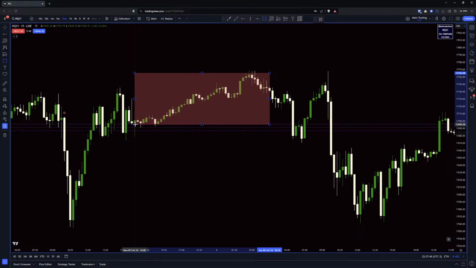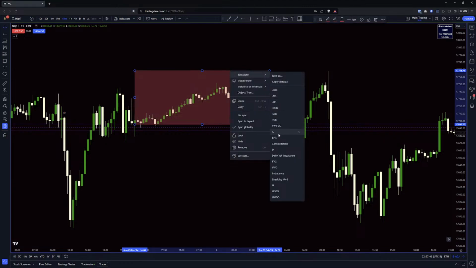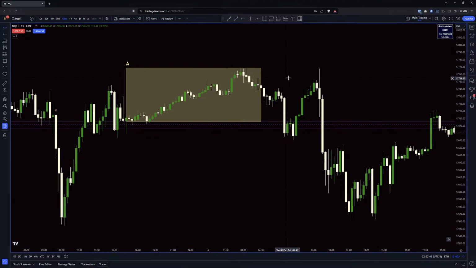Right? It doesn't really matter how we mark this out, but let's mark it here. So there's our accumulation phase.